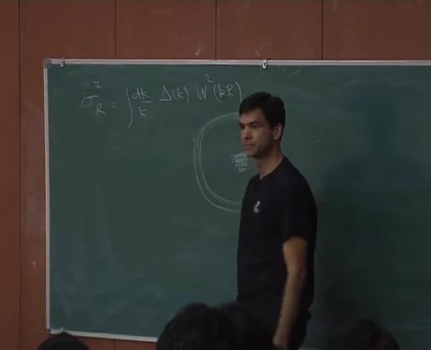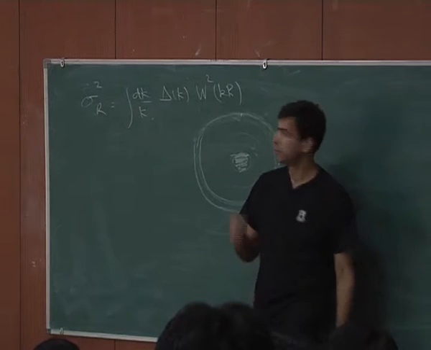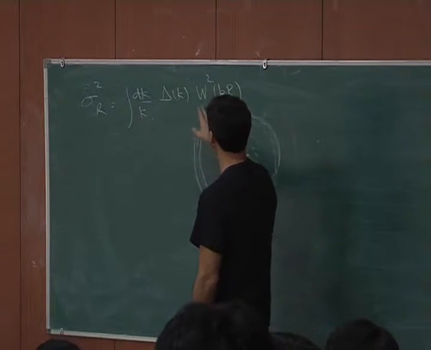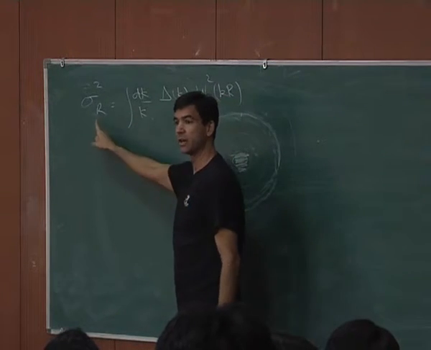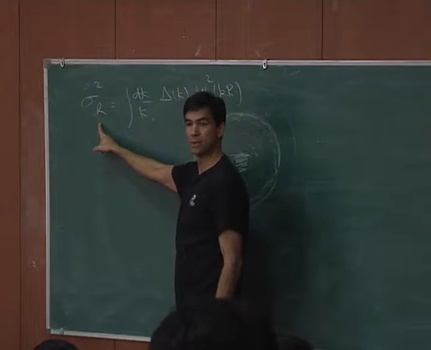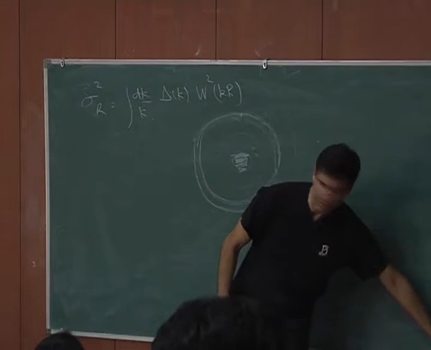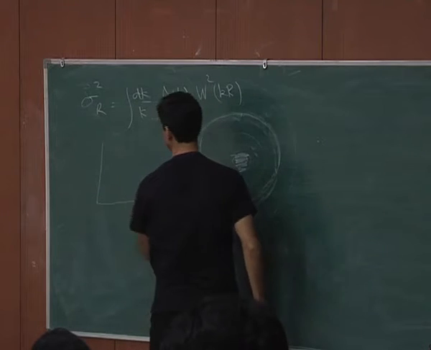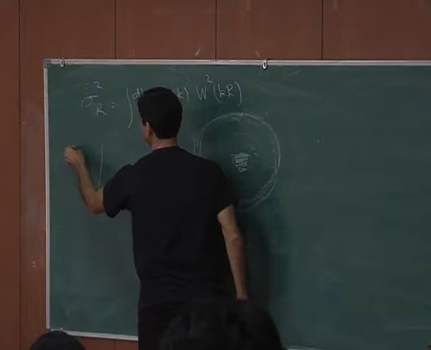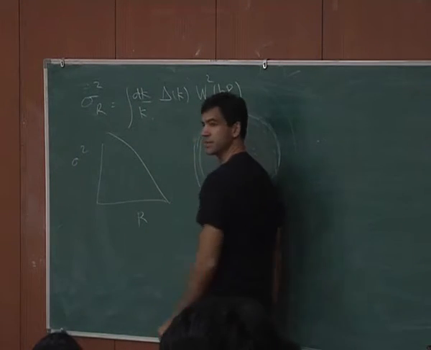This is always a monotonic function of R, so as a function of R, sigma squared is always doing something like this.